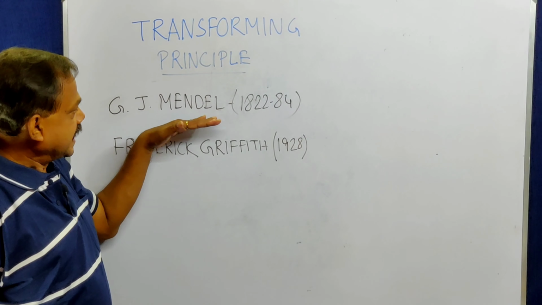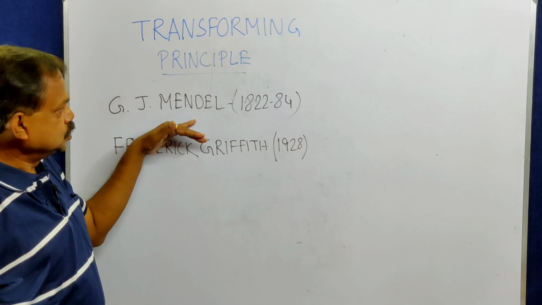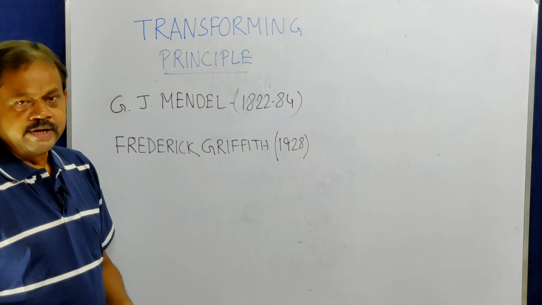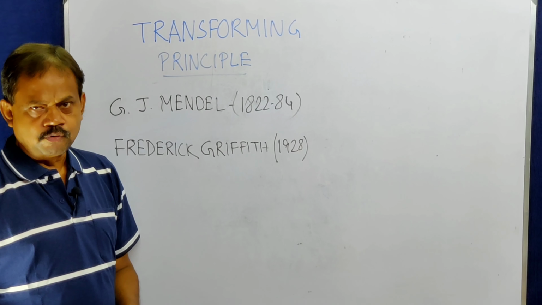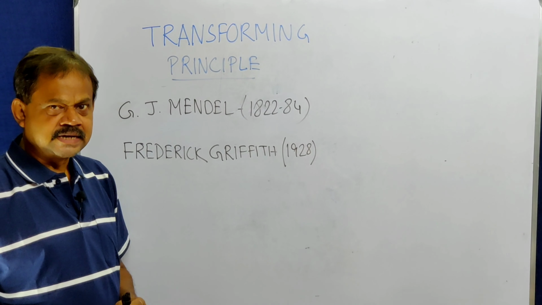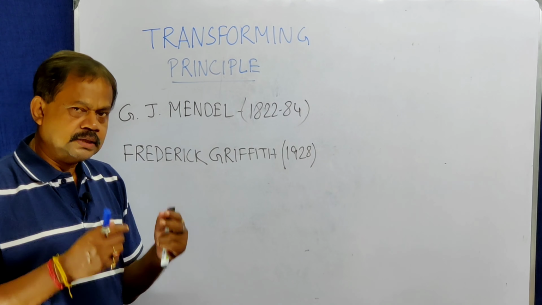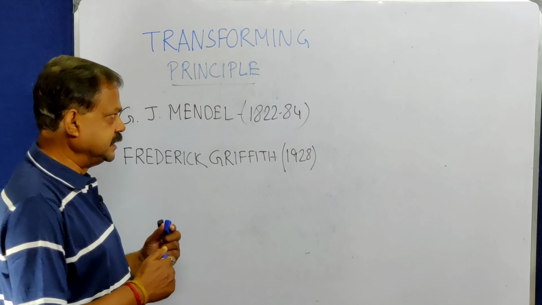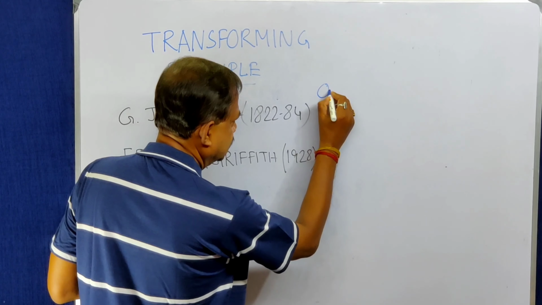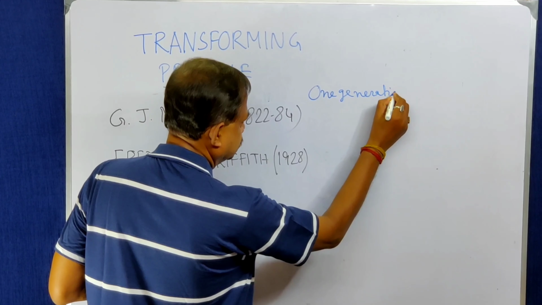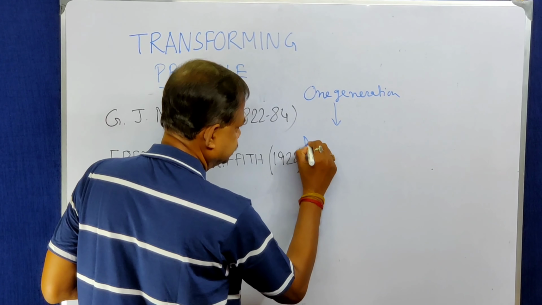You know that I have written here Gregor Johann Mendel. His lifespan was 1822 to 1884. During his lifetime he described how the characters are moving from one generation to another generation, to the next generation.